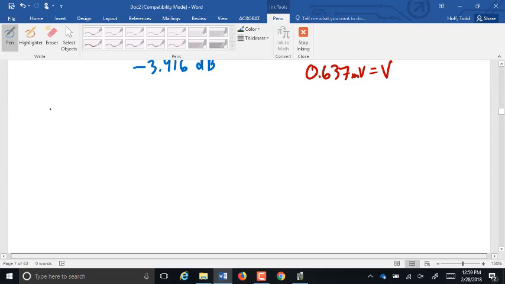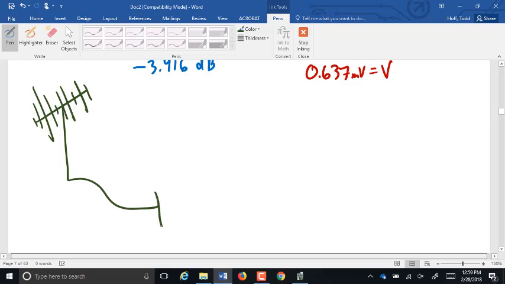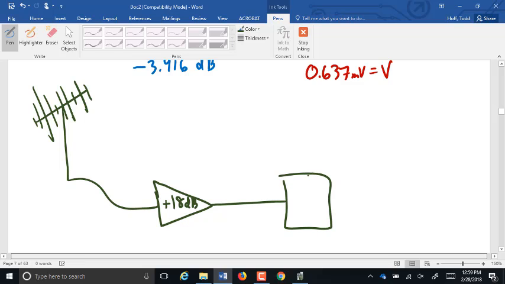Let's do a little bit different setup. Let's say this is a plus 18 dB. Let's say we're losing 9 dB here.